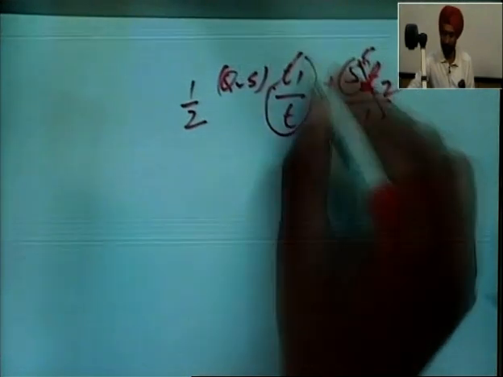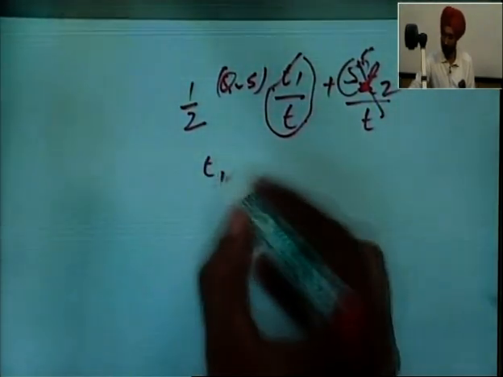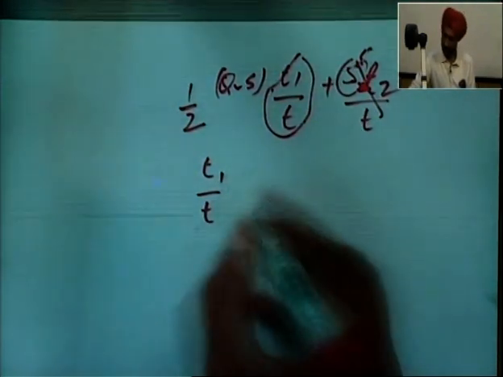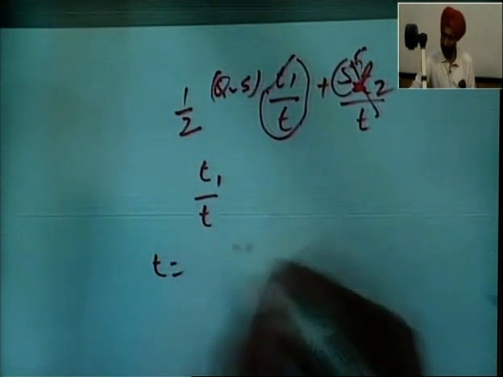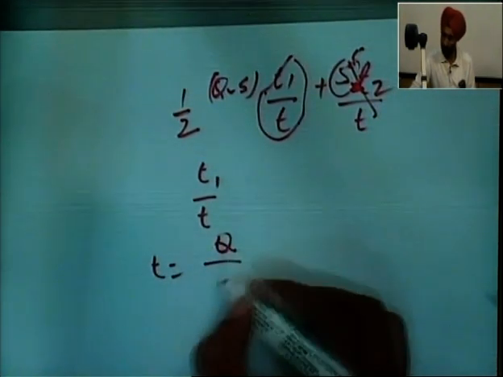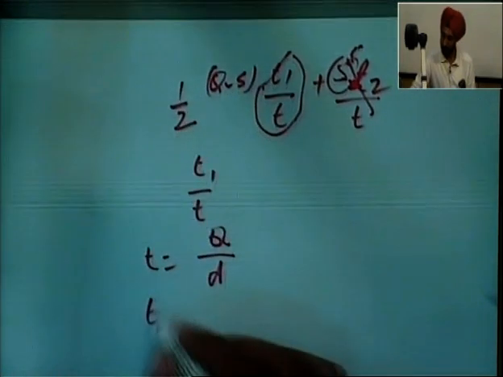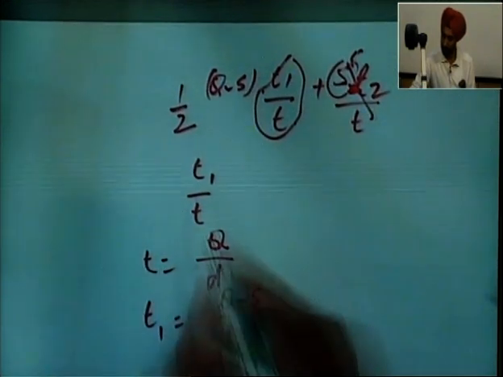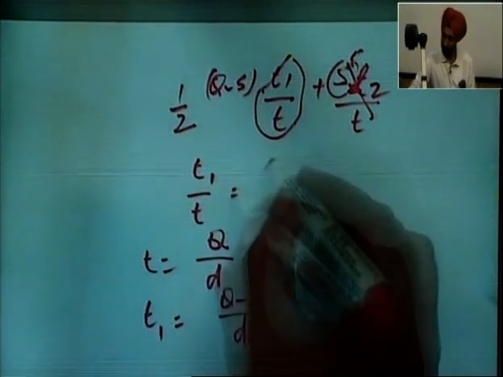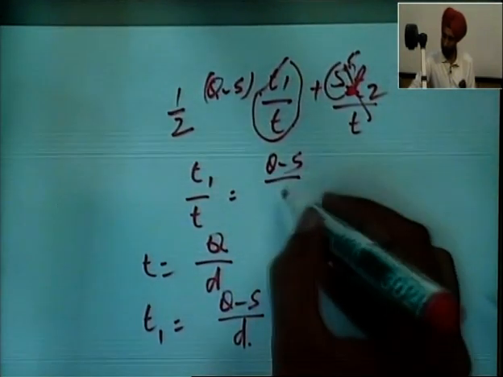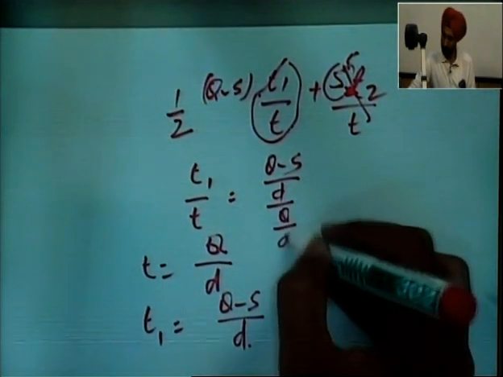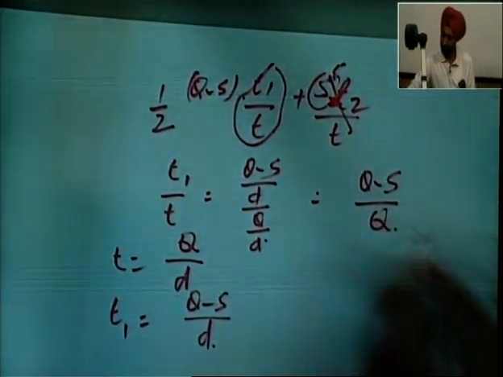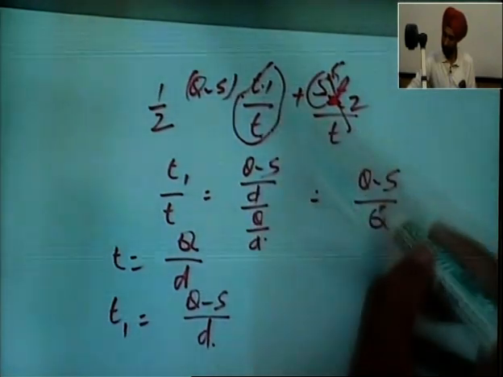So, this T1 by T, finally, this T1, basically T we have worked out: if D is the daily demand, Q is the total quantity, then this is Q by D, and T1 will be Q minus S divided by D. So, when you take T1 by T, it will be Q minus S divided by D divided by Q by D. So, this will be Q minus S divided by Q. So, you can substitute this value here.